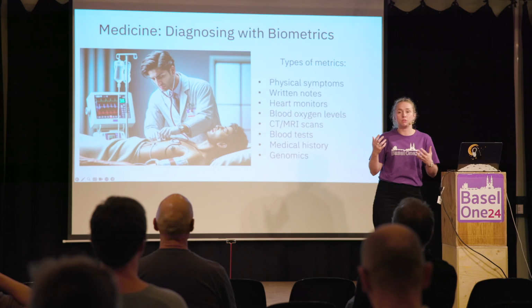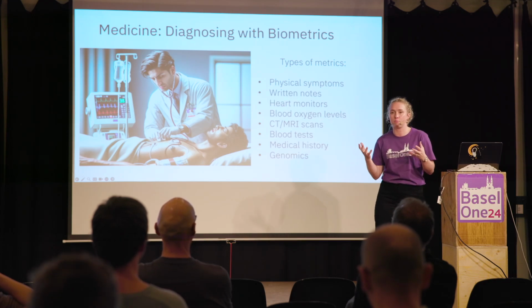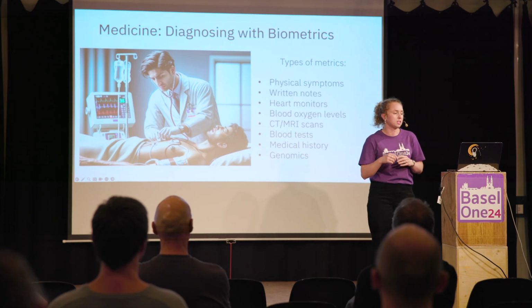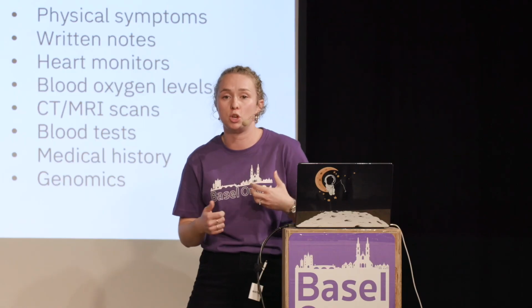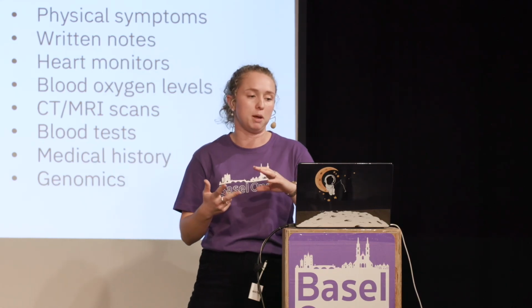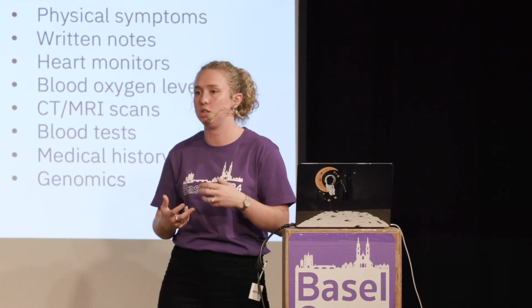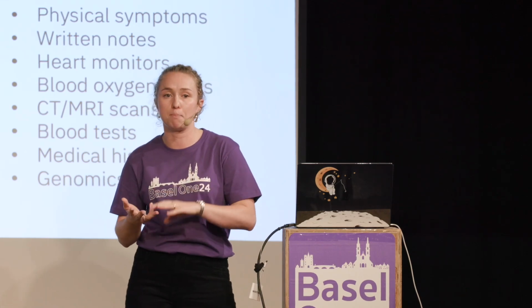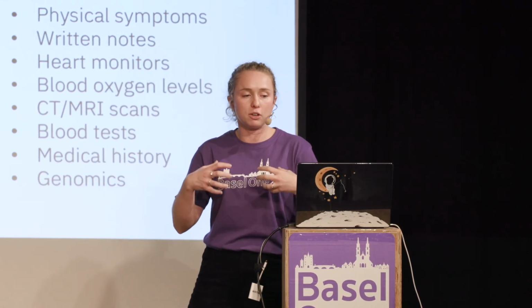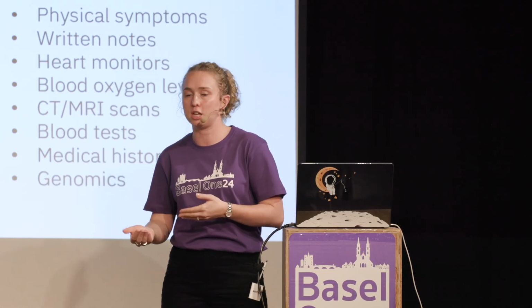But doctors and physicians can use a wide range of different biometrics to find out what's actually going on underneath the covers. It might be physical symptoms, so is the person looking well? It might be written notes, or actual machines plugged in, so heart monitors, monitoring blood levels, taking samples and analyzing those. So there's a lot of different types of metrics that doctors take a look at.